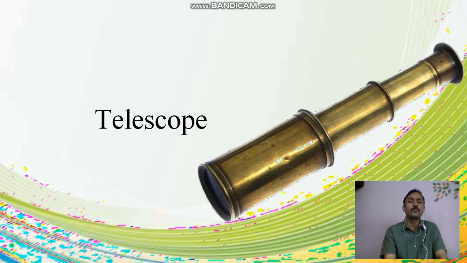A long distance object is very small to see with the naked eye, but using the telescope it will be enlarged and the size will be bigger. The lens is placed here. This is the lens.